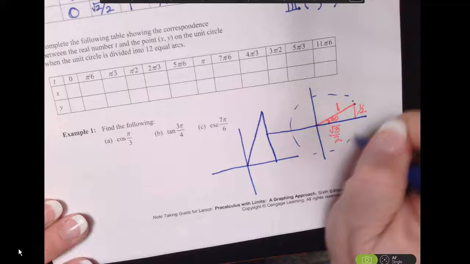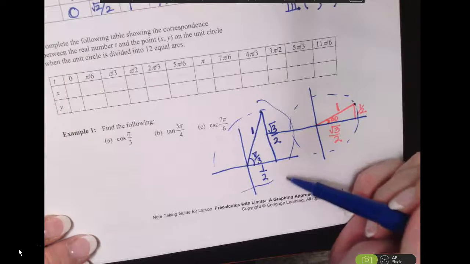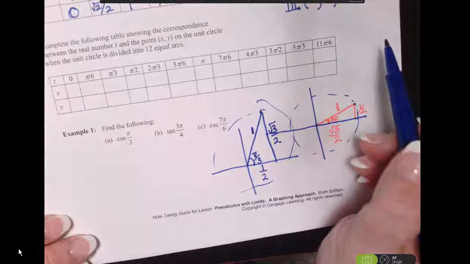So I still have a radius of 1, but this time I have a pi over 3 or 60 degree angle right here. So then the short leg comes over here and it's laying down on the x-axis, and the long leg is over here on the y-axis. So just seeing these two triangles is going to help me fill in my table.